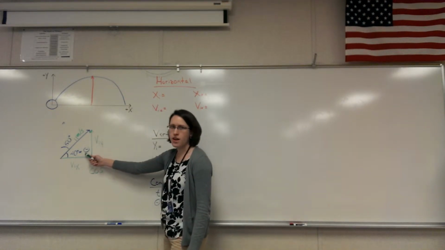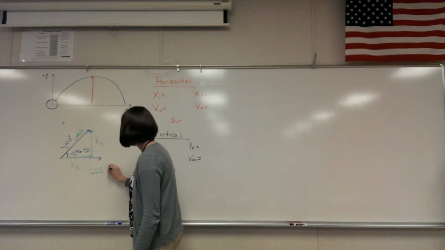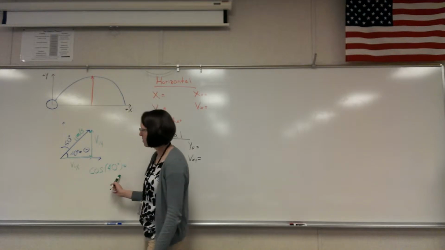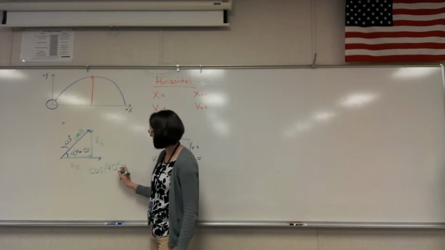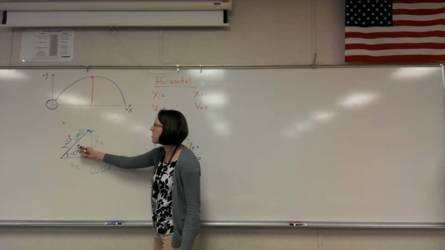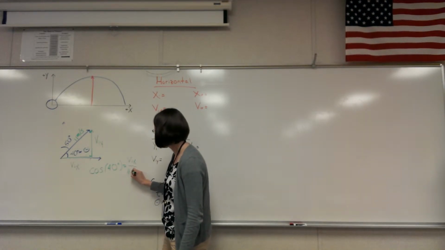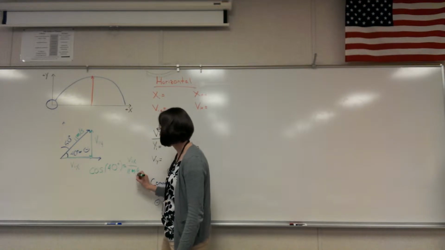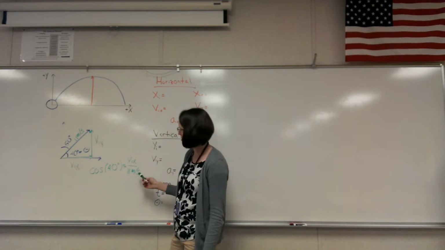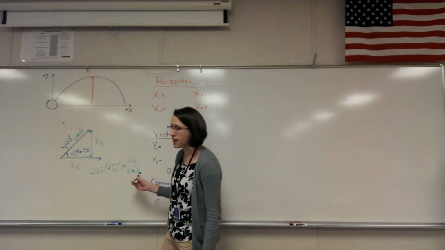Cosine of our angle theta, 40 degrees, is equal to our adjacent leg, which is initial velocity in the horizontal direction, over our hypotenuse, which is 11 meters per second. We can solve this for our initial velocity in the horizontal direction by multiplying both sides by 11 meters per second.